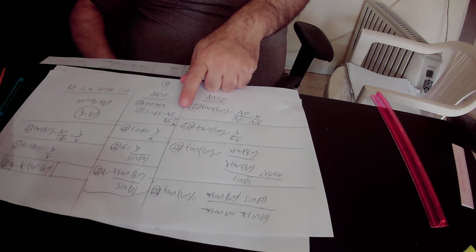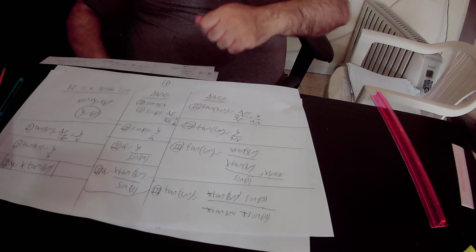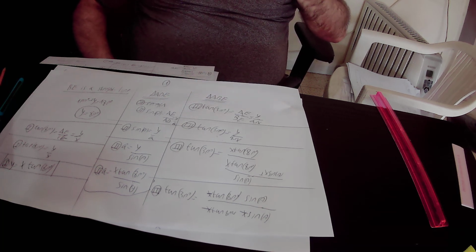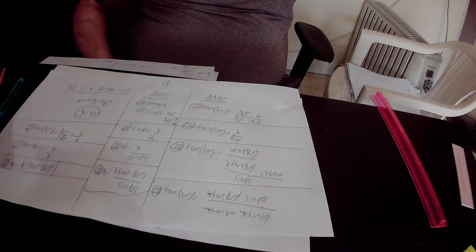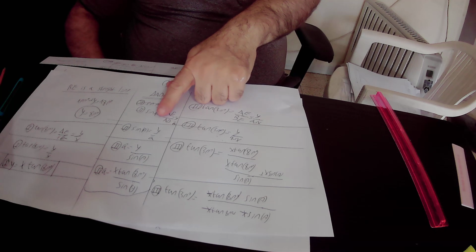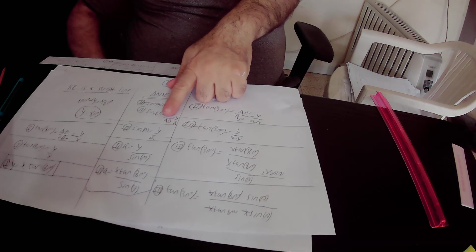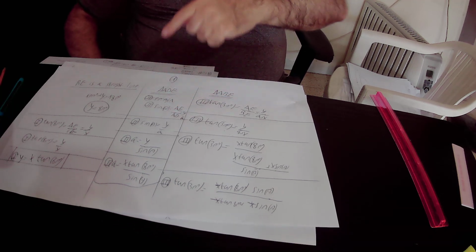But AE equals Y according to our definition, and AD equals A, as we found out. So in conclusion, sine theta equals Y over A. We multiplied equation number 2 by A, and then divided it by sine theta, and we got that A equals Y over sine theta.